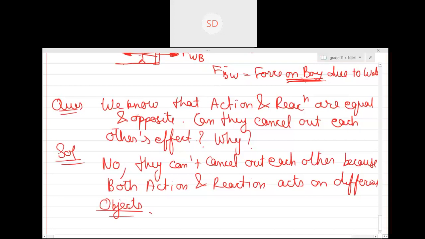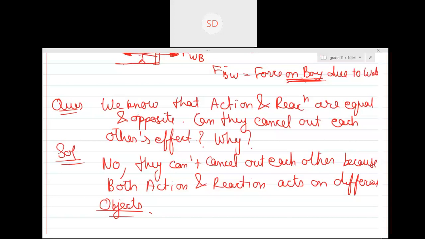If they had been acting on the same object, then there was a chance of cancelling out each other's effect. But because both the action and reaction are acting on different objects, there is no cancelling out of each other's effect. Okay, so this is your third law.